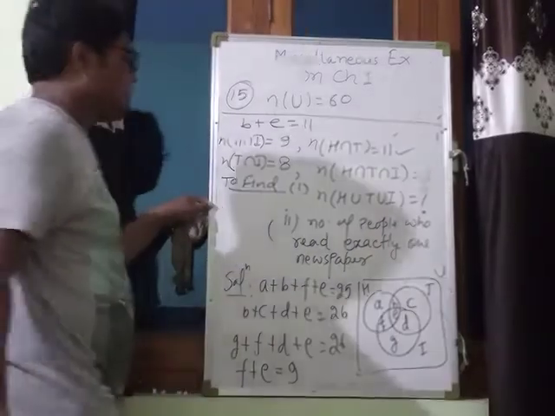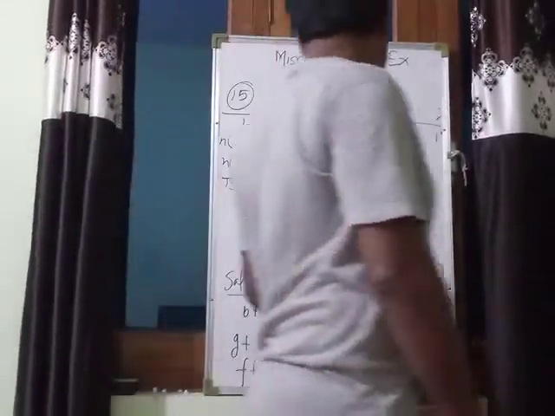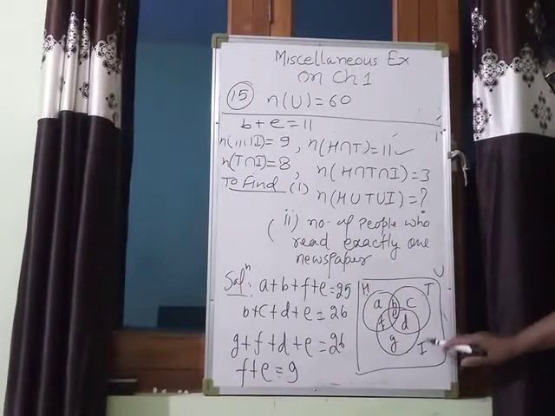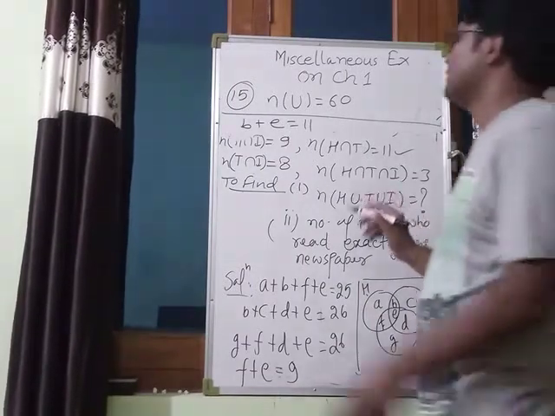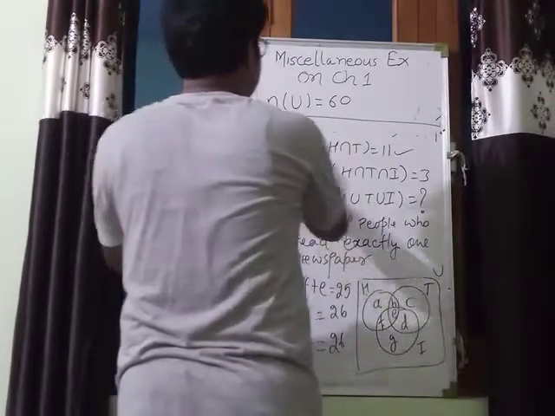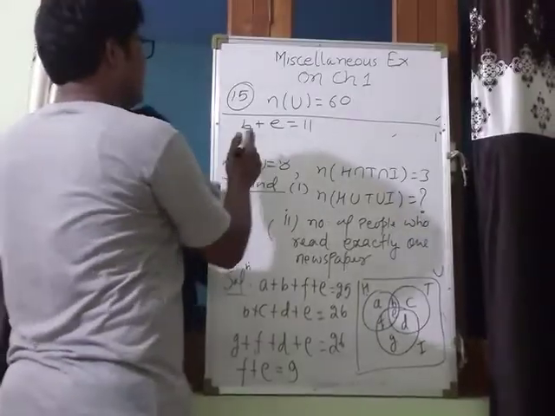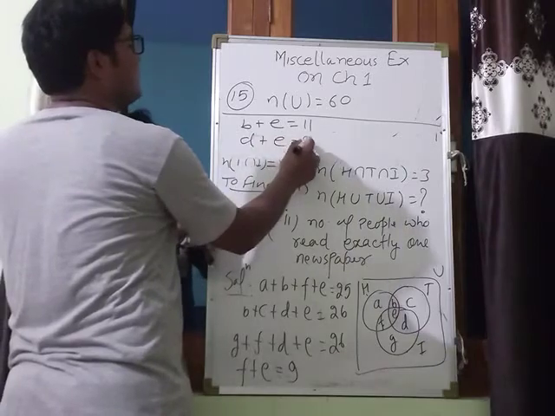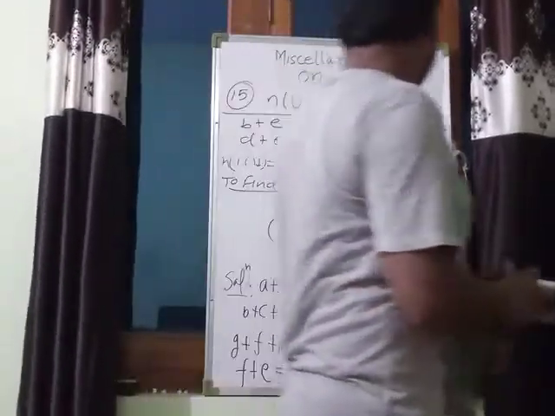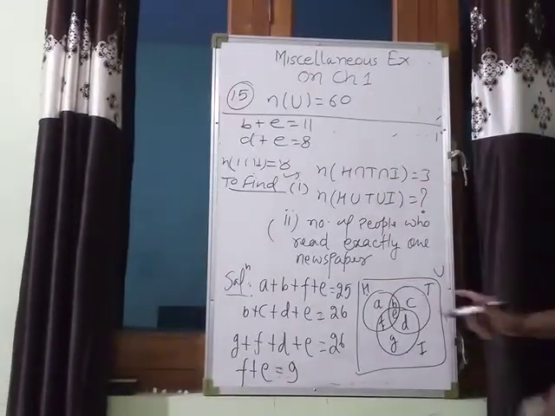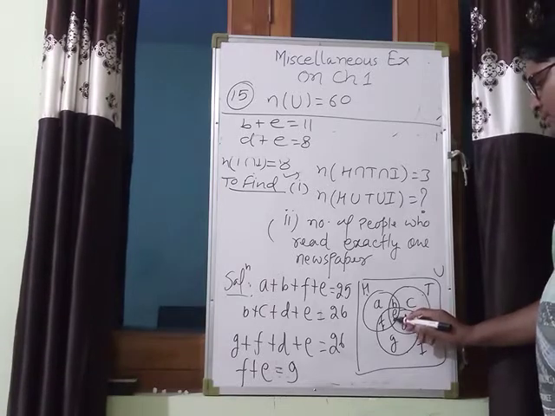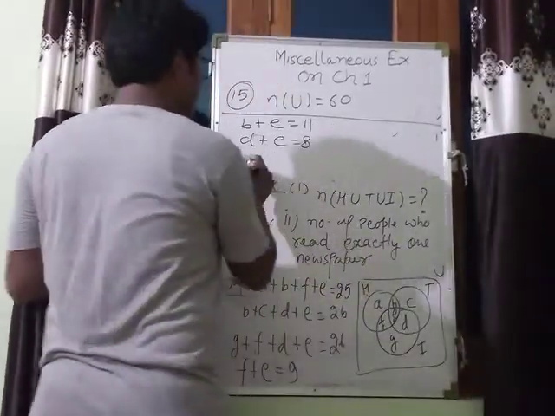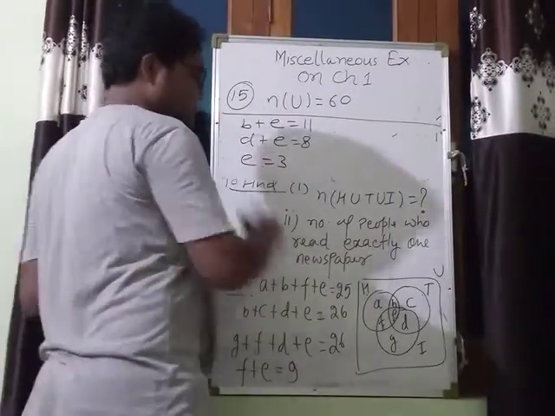And the number of people who read newspaper T and I means D plus E, that is 8. And the number of people who read all the 3 newspapers, that is E. You can see this is E. So E is 3.